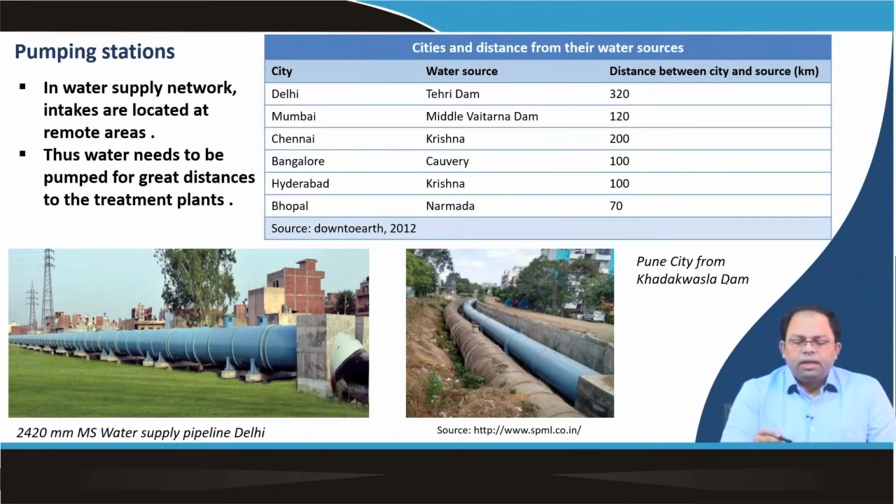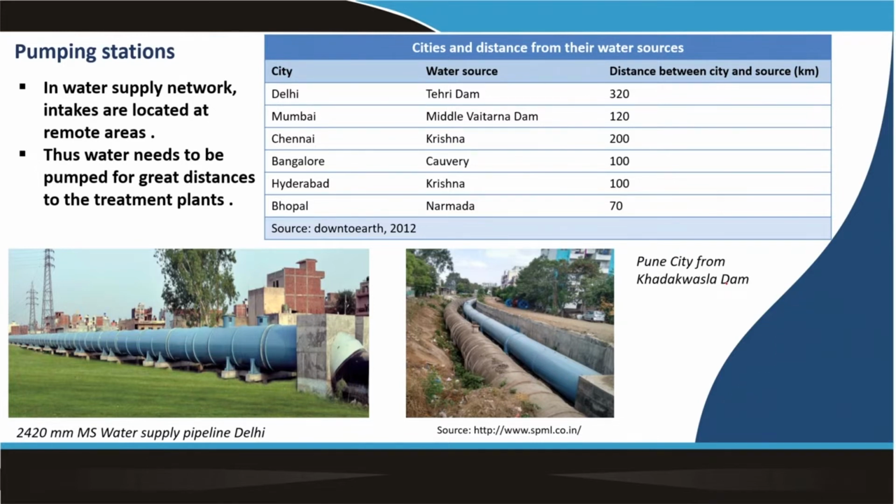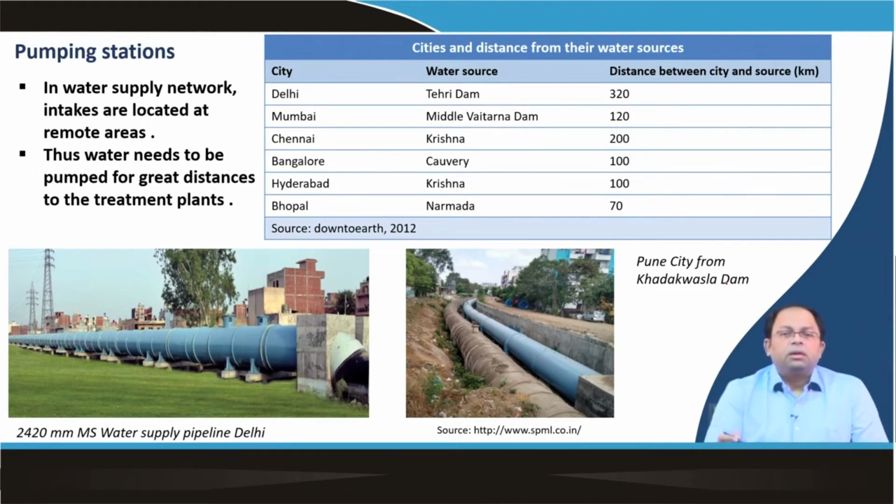Chennai takes water from the Krishna river, around 200 kilometers away. Bangalore from the Kaveri river, around 100 kilometers away. Hyderabad from the Krishna river, 100 kilometers away, and Bhopal around 70 kilometers away from the Narmada river. This is also where we use pumping stations to send the water across these great distances.